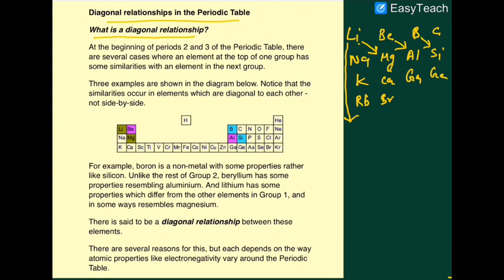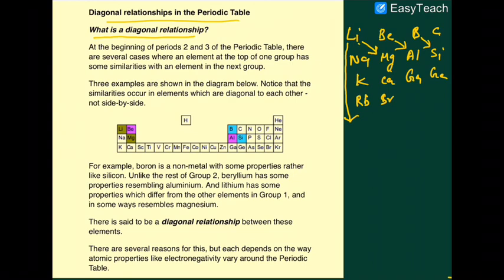I am repeating once more. Lithium shows properties similar to magnesium, beryllium shows properties similar to aluminium, and boron shows properties similar to silicon. This is called the diagonal relationship.